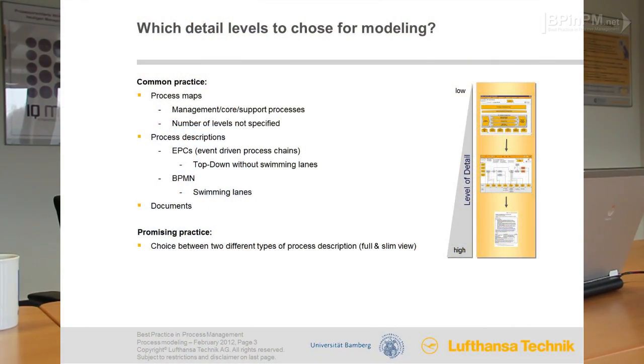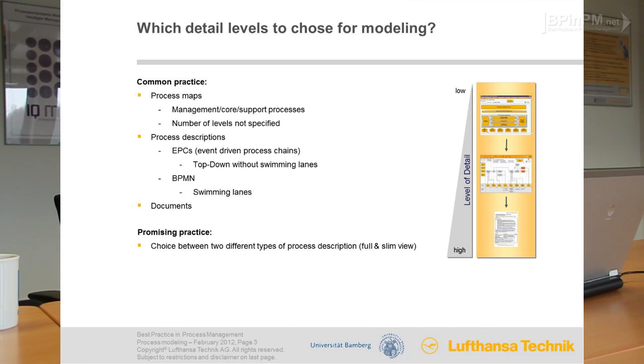So concerning the levels to choose for modeling, we could identify that nearly every company used process maps at the highest level of process description and also the lowest level of detail. Processes were divided into management, core, and support processes.